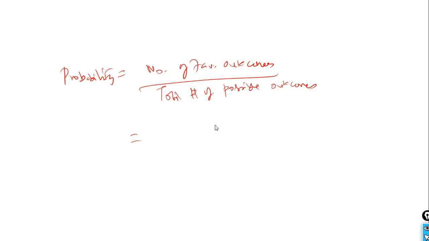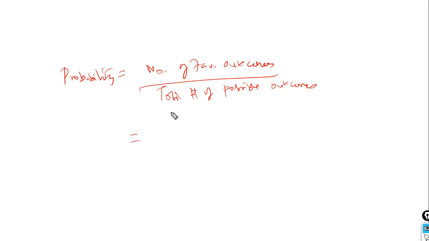Very basic question in statistics. Number of favorable outcomes divided by total number of possible outcomes. If I toss a coin once, what is the probability of getting head? Yes, Praveen, you are correct.